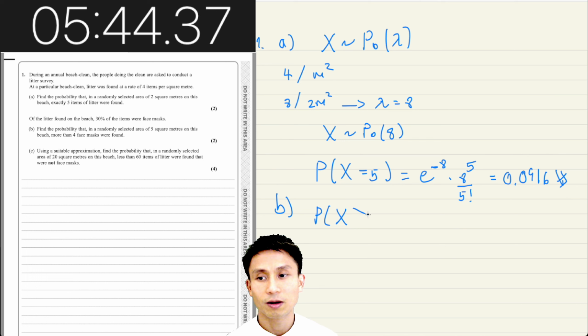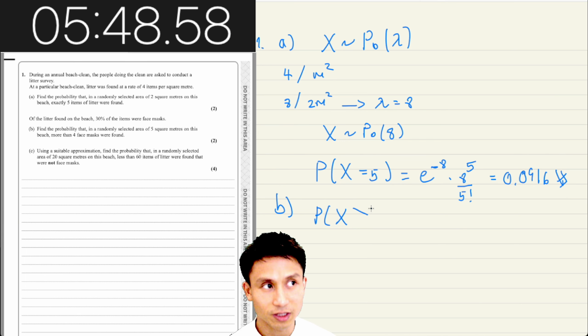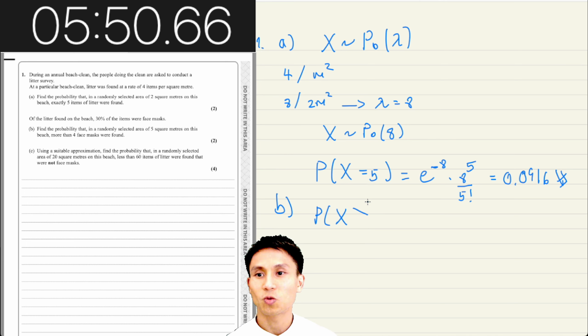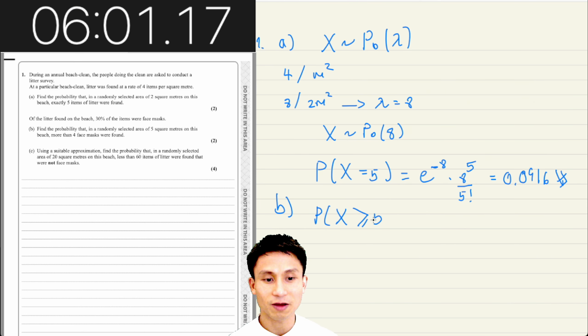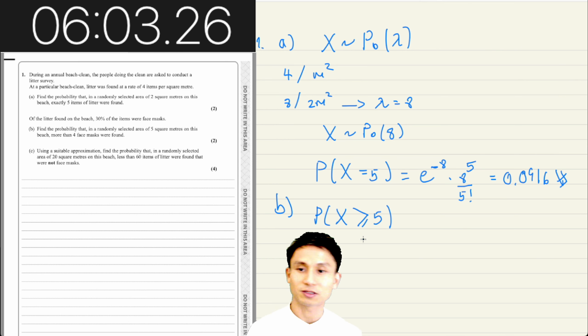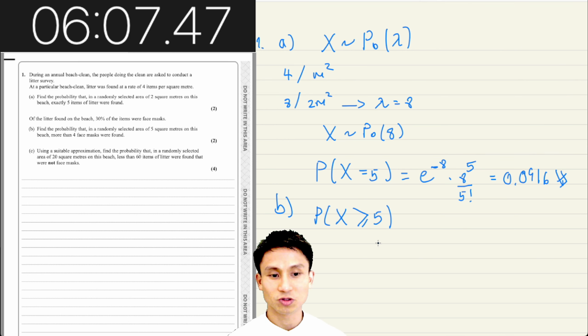Finding a face mask more than 4 is only possible when the number of items of litter are greater than 4, right? So I'm going to do greater than or equal to 5 first, because this is discrete. We're going to get this from the Poisson distribution.